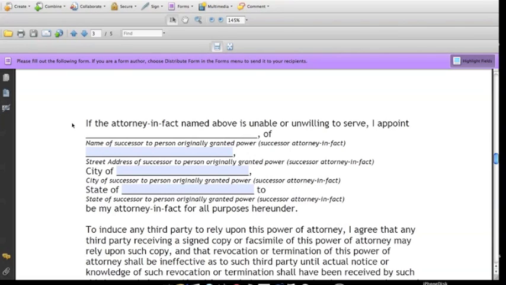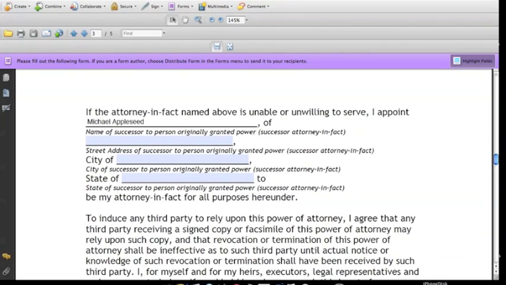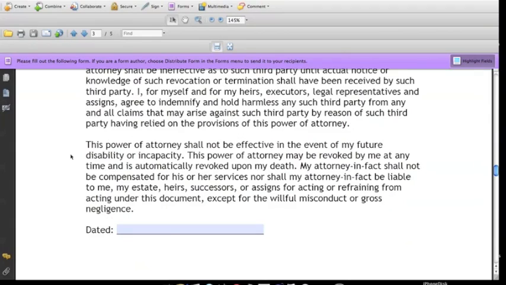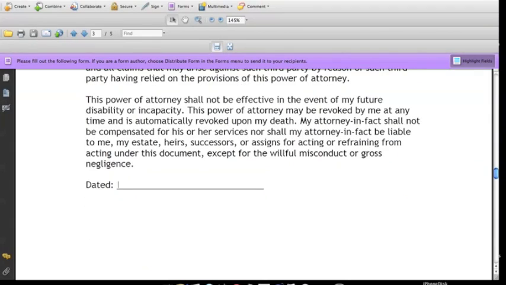You just never know. Say you're in the hospital and Anna gets in a car accident on the way. So we're going to use Johnny Appleseed's brother, Michael Appleseed. And we just write his street address, his city, state. It's pretty much the same generic stuff. And we're going to date this today's date.